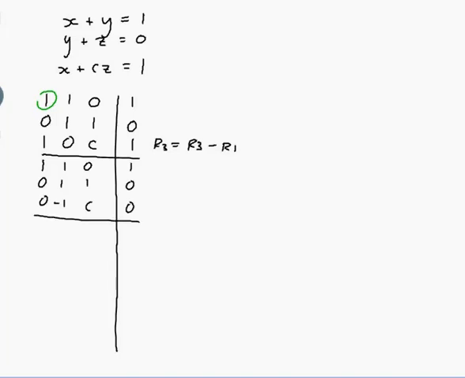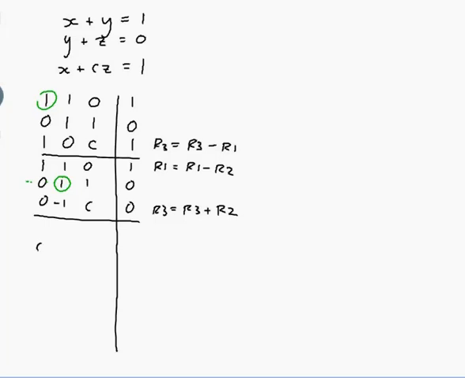So next, we've already got an entire column that looks like the identity, so we go to the next column and the next row as well, and along row 2 we find there's a non-zero entry. We want that to be a 1, and it already is a 1, and we want zeros above and below. So row 1 is replaced by row 1 minus row 2, and row 3 should be replaced by row 3 plus row 2, because that would cancel it out to give me a 0.